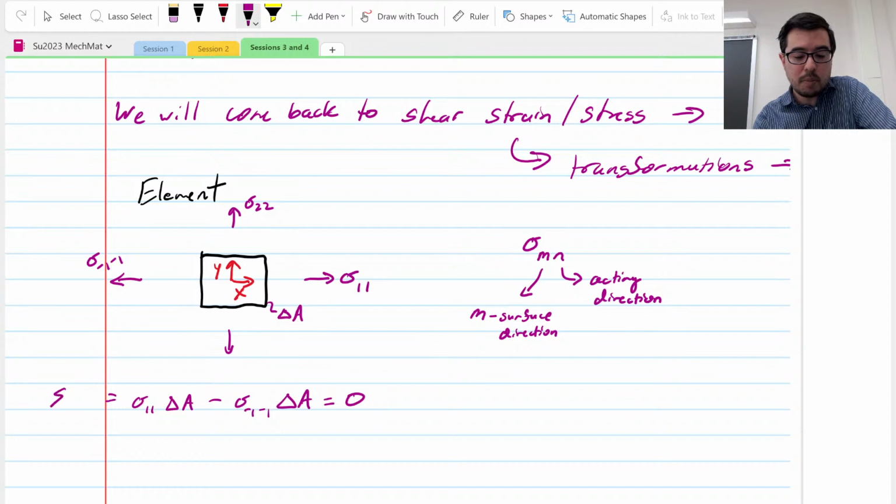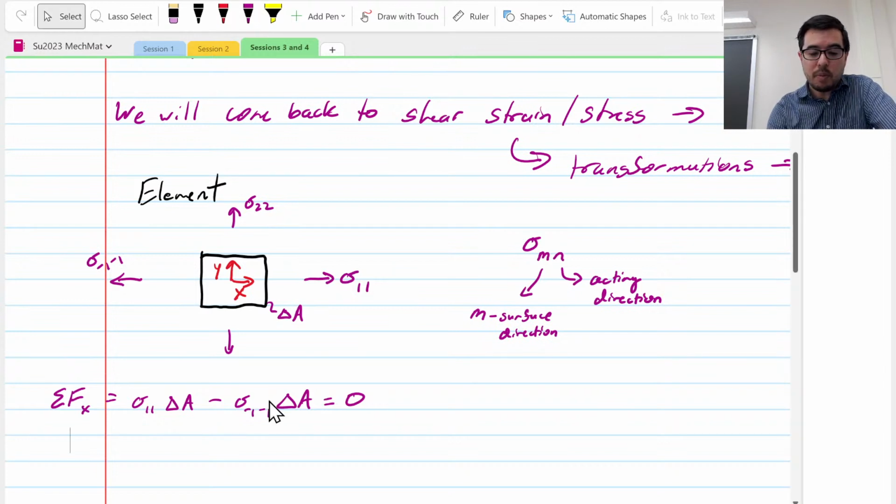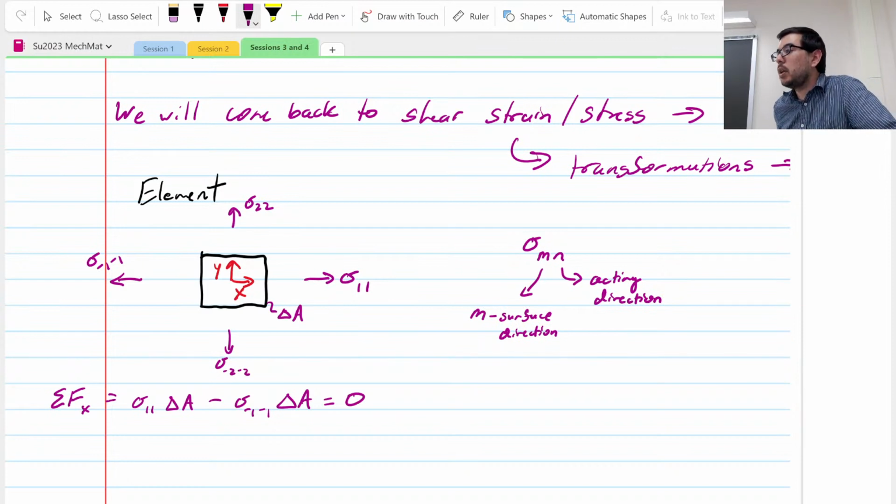This is saying that we're summing the forces in the X direction. Similarly, we have a sigma minus 2 down here, in the minus Y direction. But as you can see, sigma 1,1 and sigma minus 1 are the same, so you won't see us write sigma minus 1. You'll just see us write sigma 1 for this side, and similarly, you'll only see sigma 2.